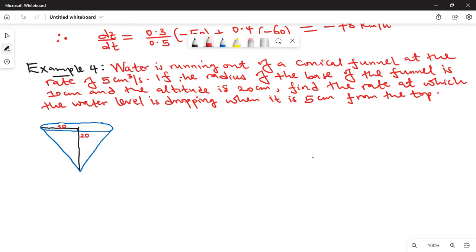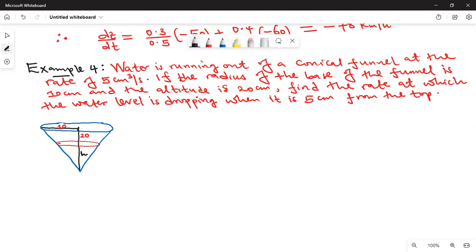Now, as the water is moving, you see it will reach a point where the funnel will not have any amount of water because the water is running out of a conical funnel. And so at that rate, the volume at which the water is decreasing is 5 centimeters cubed per second. So at any time t, let the radius be r and let the height be h.